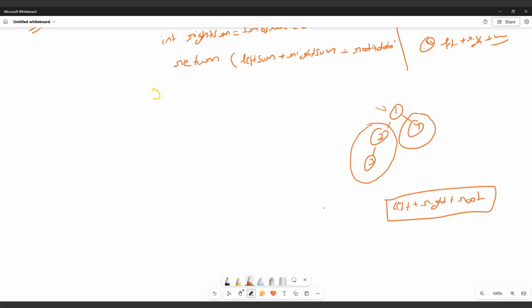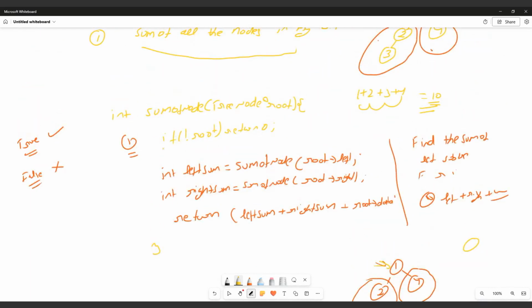So I am doing exactly the same stuff. First of all, we should check whether the root exists or not. If there is an empty tree, the sum is zero. So first we check the root. If root is null, simply return zero. Then I find the left sum, the sum of node root left. Then I do the same for the right, the sum of node root right.